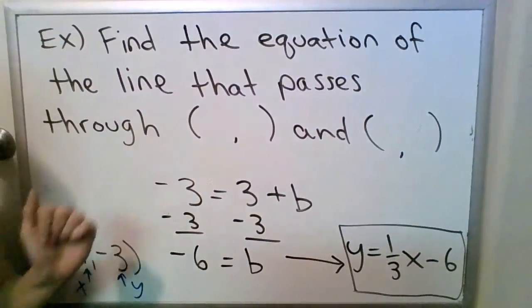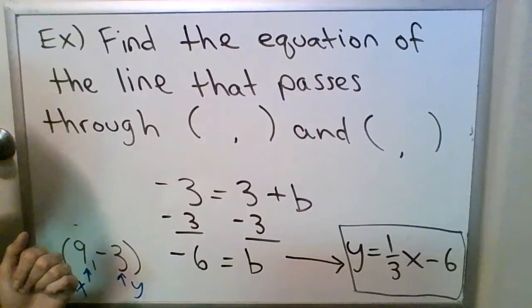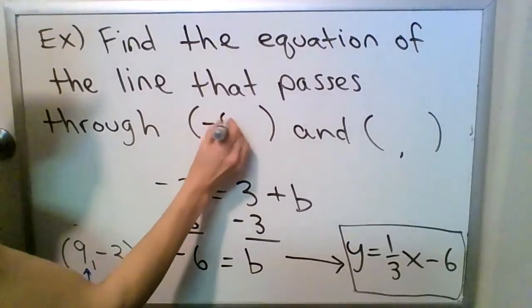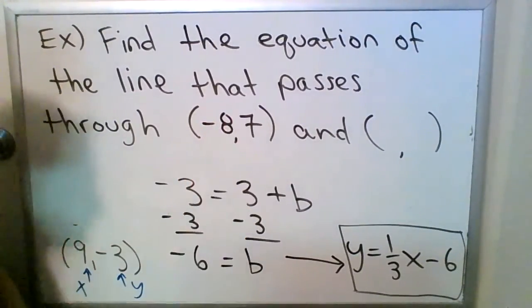The first point will be (-8, 7), and my other point is (6, -5).